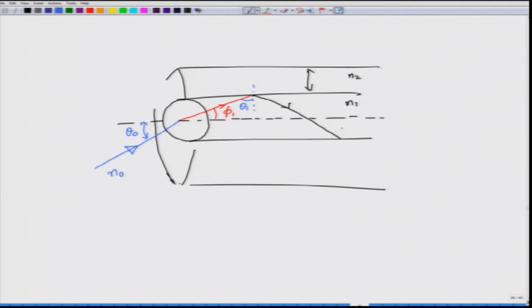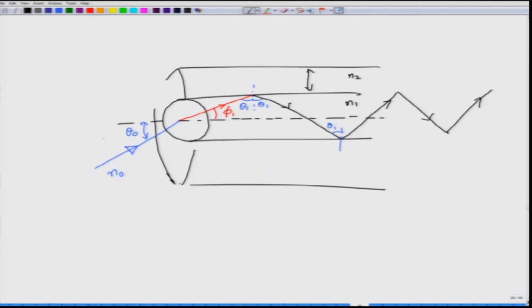There is nothing special about this one, because this angle would also be theta 1, and we have already established that theta 1 is greater than the critical angle for the interface between core and cladding. Therefore, the ray of light further gets totally internally reflected, and then after passing through this zigzag path, light is guided from the input of the fiber to the output of the fiber.